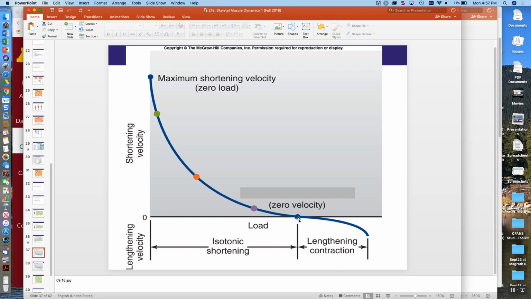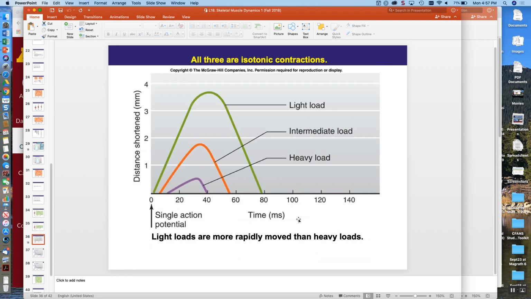Does that make sense? Okay, so here's another concept that I want you to realize too. Let's take the very heavy weight here. You can see the lag time before the muscle starts to pick up that weight is much greater. So the first part of any isotonic contraction is an isometric contraction.